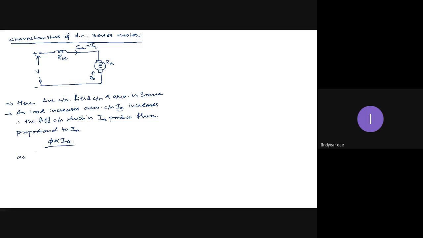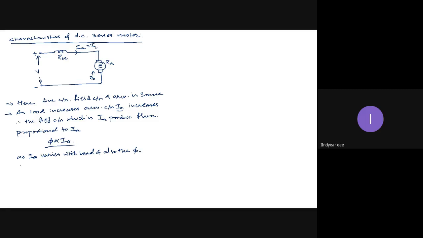As IA varies with load, phi also varies.